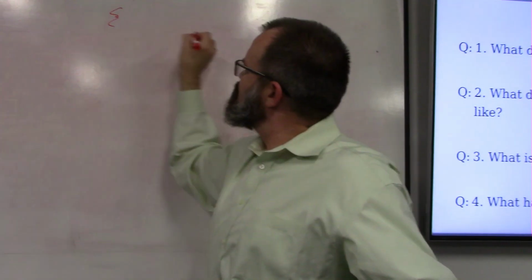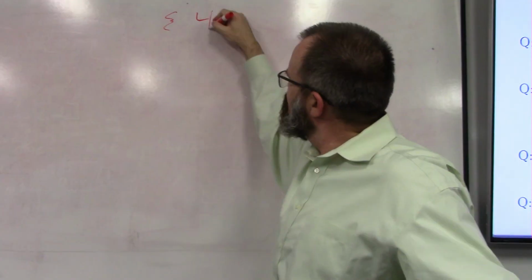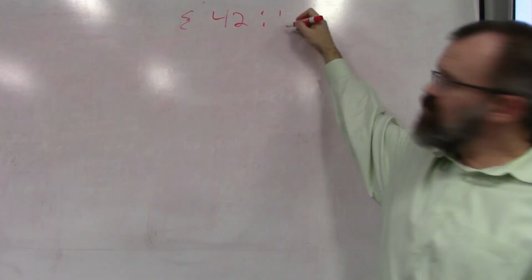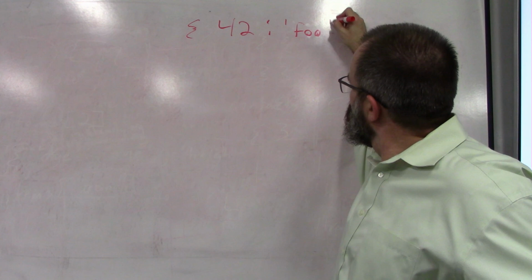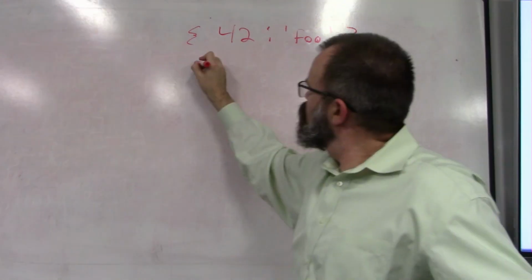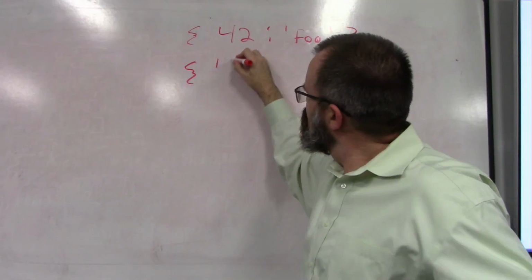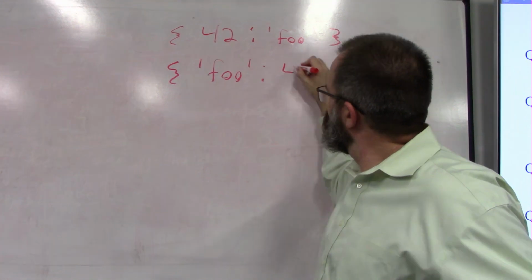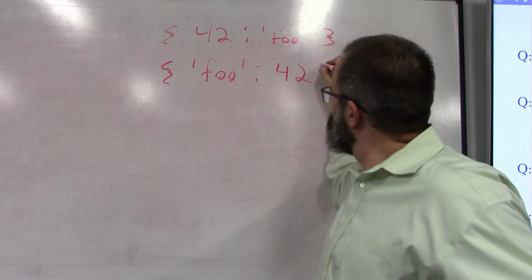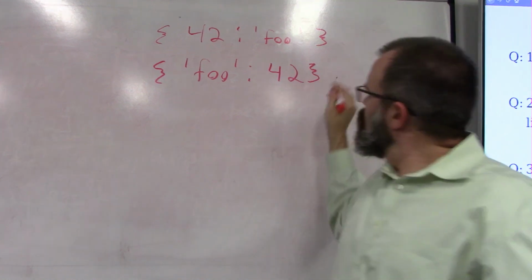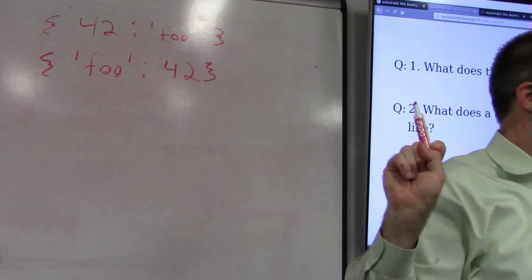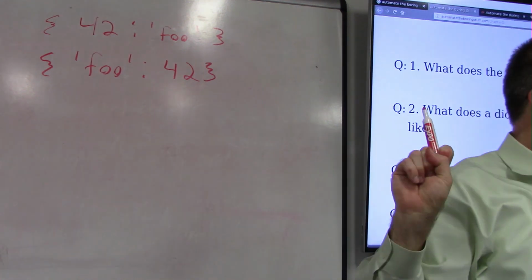Now that we've established that that's the beginning, and what was the key, foo? One of those two dictionaries has a key as foo. Which one, the upper or the lower one? Lower. Awesome. All right.